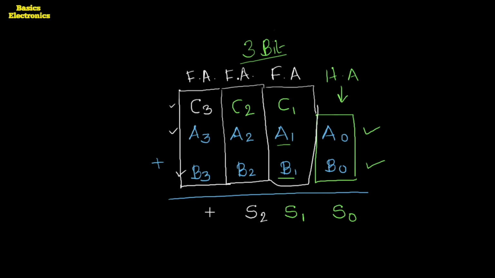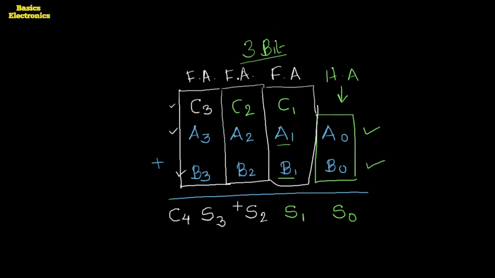The output is the sum S3, and the carry generated we write down directly, because there is no next column for the addition. We take it outside, so this is the carry C4.